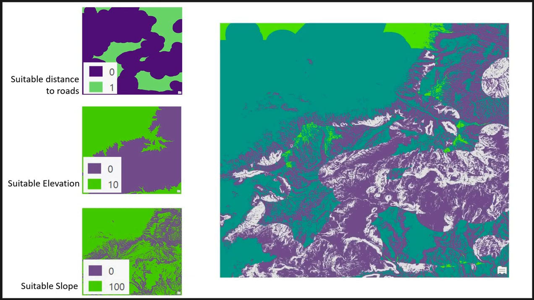So what do you think the range of output values will be if we add these three inputs together? Does that make sense? 0, 1, 10, 11, 100, 101, 110, 111.